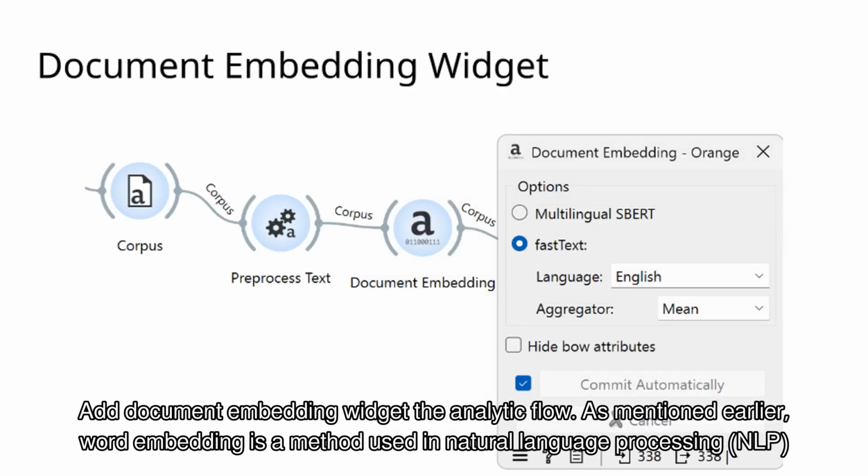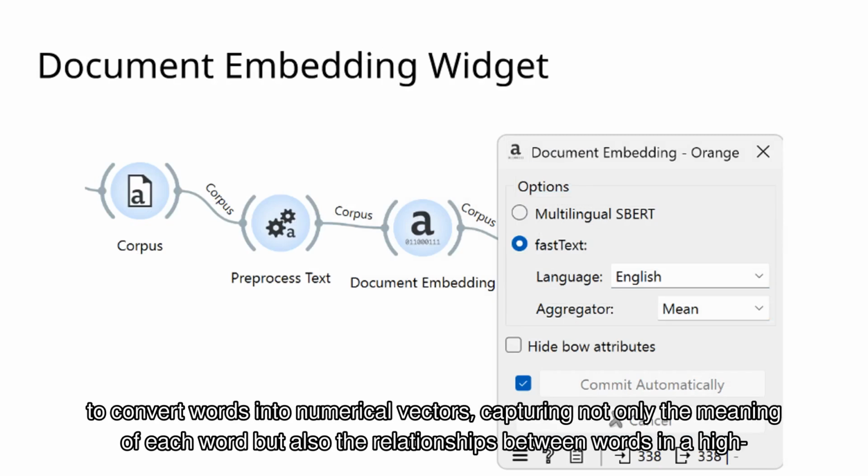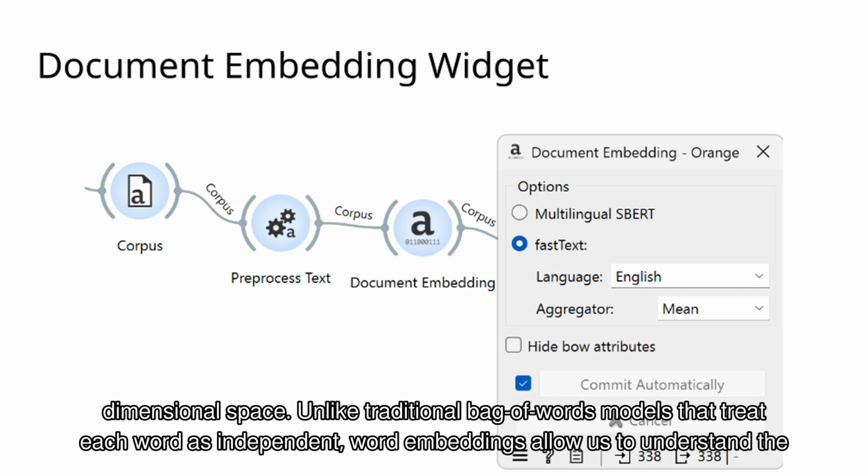Add the document embedding widget to the analytic flow. As mentioned earlier, word embedding is a method used in natural language processing, NLP, to convert words into numerical vectors, capturing not only the meaning of each word, but also the relationships between words in a high-dimensional space.